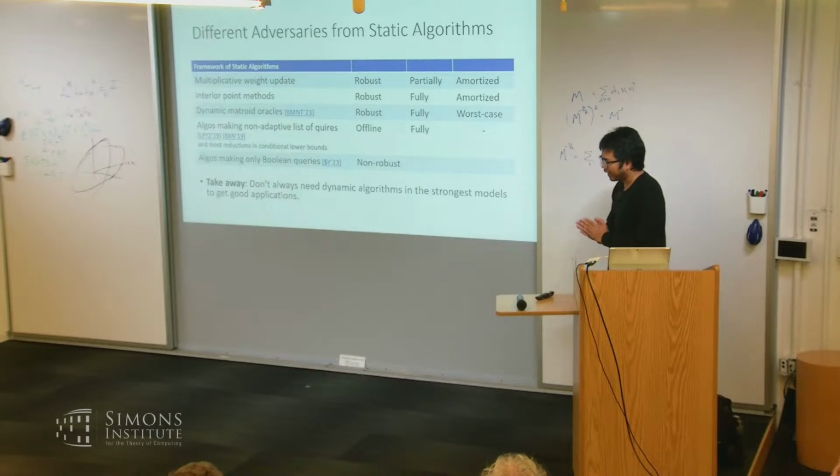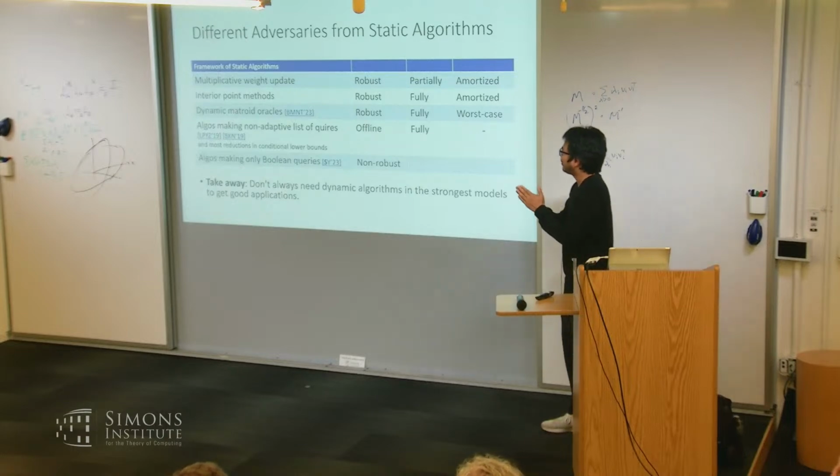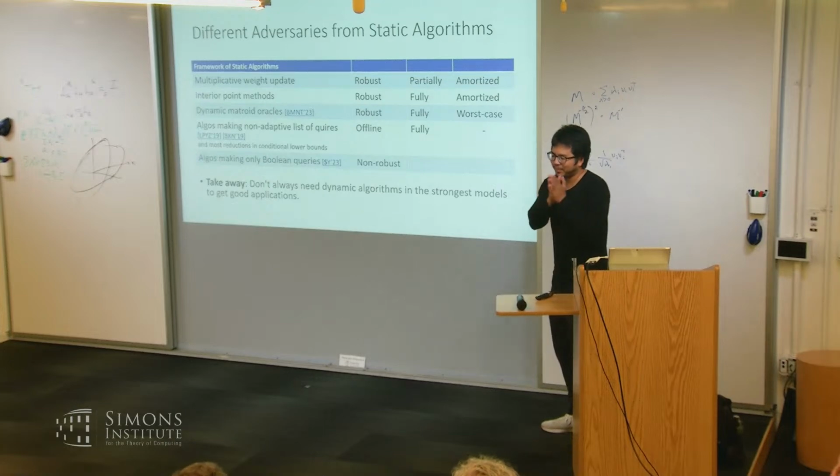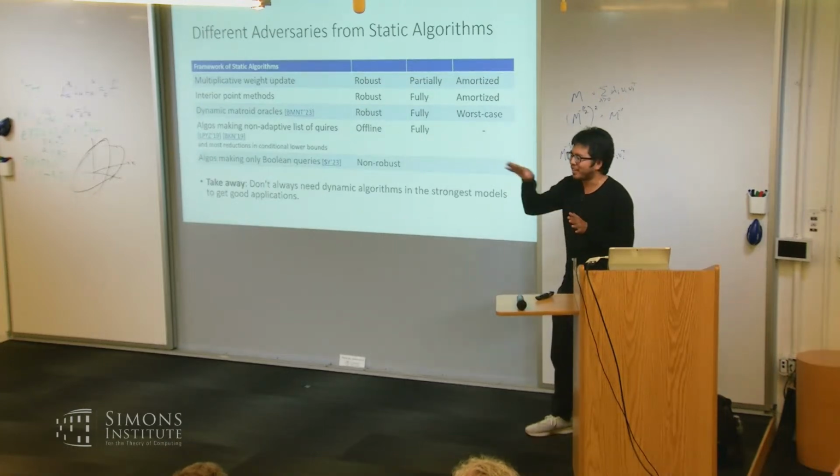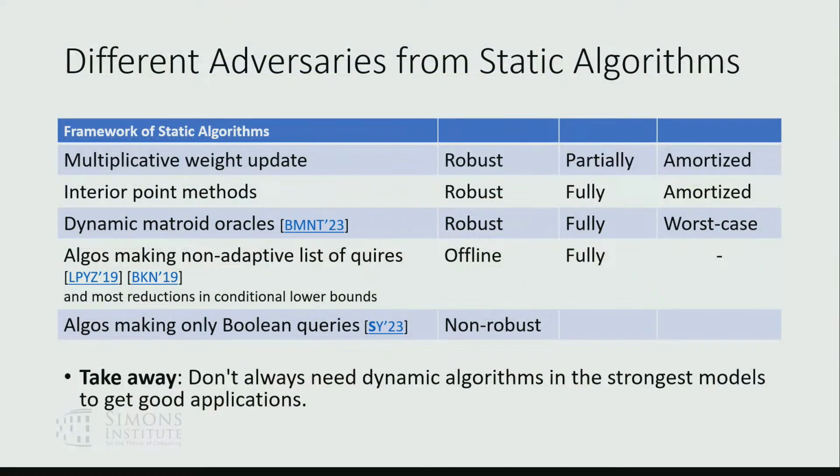So there is a landscape of designing dynamic data structures jointly with optimization methods that I think is worth exploring. It's not just one single goal. It's a rich area.